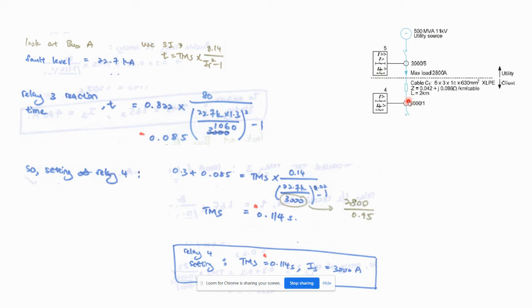So if in the bottom part of the network you use extreme inverse, then it is okay to use standard inverse in the top part of the network. But if you use standard inverse at the lower part, then it is not advisable to use extreme inverse in the top part, because you might encounter a situation where the top part of the network performs faster than the lower part, since the extreme inverse curve generally performs faster than the standard inverse curve, although the TMS and the IS can affect the time.